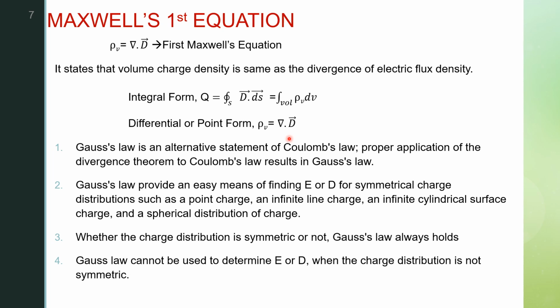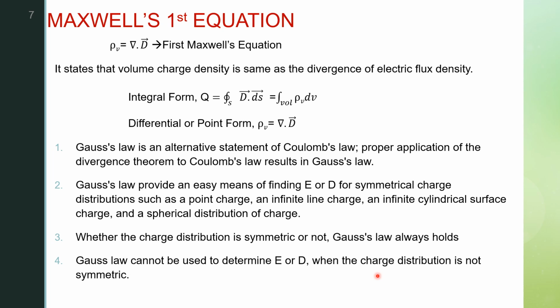What does Gauss's law state? It states that the total electric flux through any closed surface is equal to the total charge enclosed by that surface. That will always hold whether the charge distribution is symmetric or not. But Gauss's law cannot be used to determine the electric field intensity or electric flux density when the charge distribution is not symmetric.